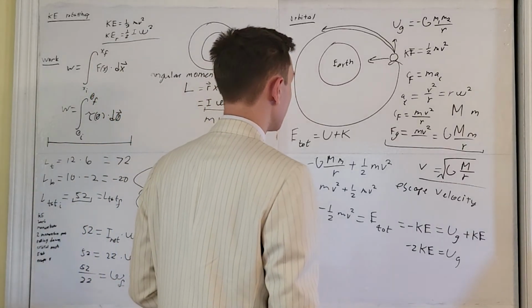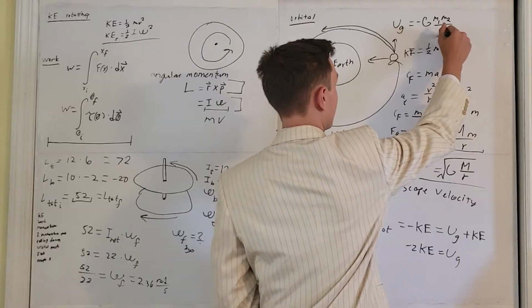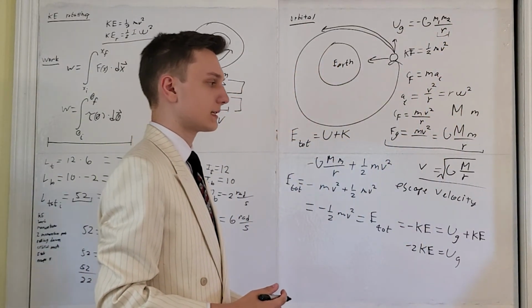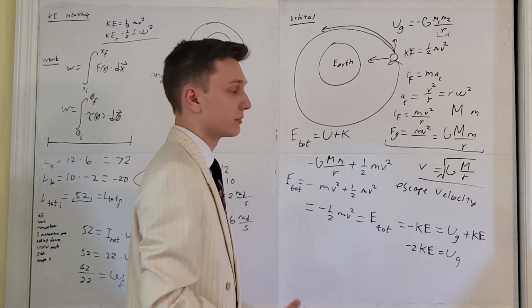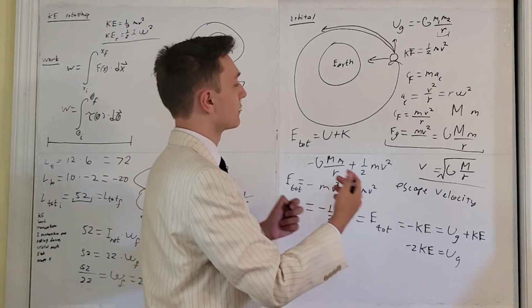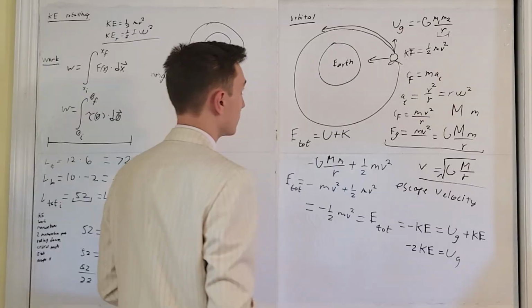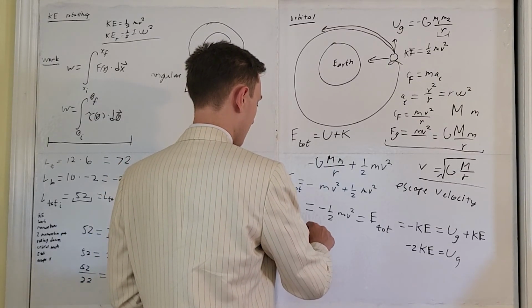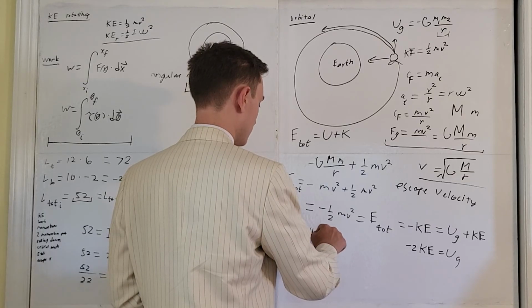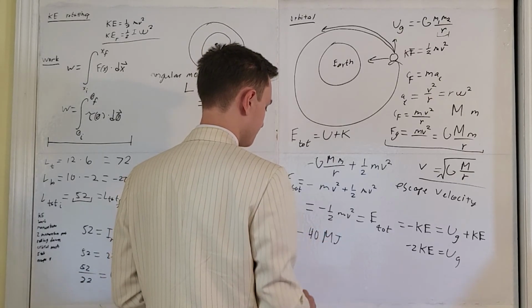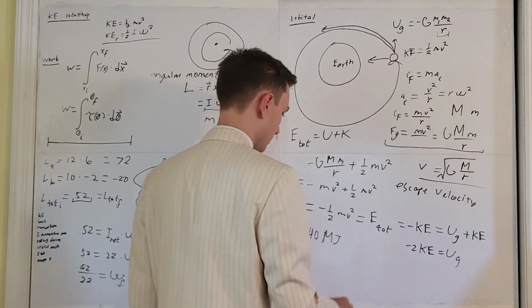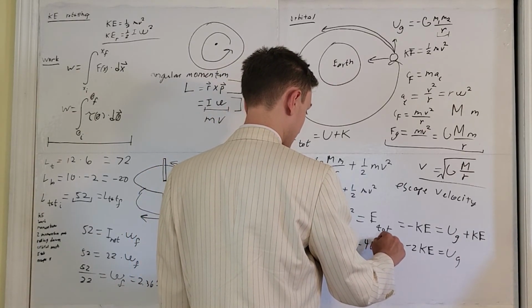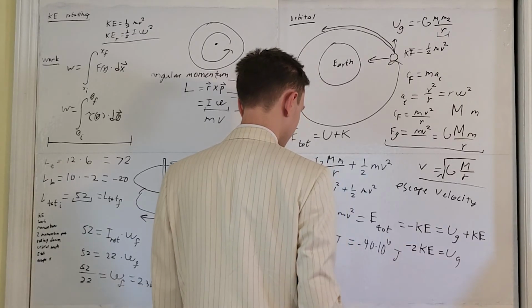And again, the radius component, r here, is calculated from the center of mass. So let's say we plug in the radius of Earth, the mass of Earth, the mass of our object, all of this, and we say that our gravitational potential energy is negative 40 megajoules. Okay? Which on your reference table you would be able to convert to negative 40 times 10 to the 6th joules. Okay?